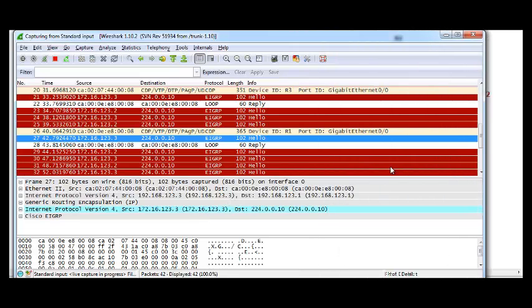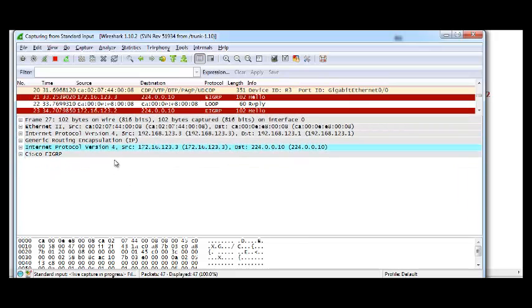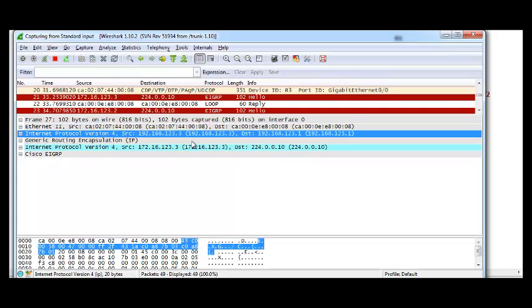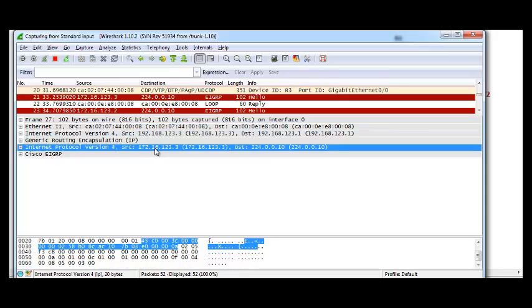I want to make a study here. Look at this. Layer 2, layer 3. The actual packet, EIGRP is running on the loopback, correct? See, this is the loopback interface of R3. Sorry, the tunnel interface of R3.